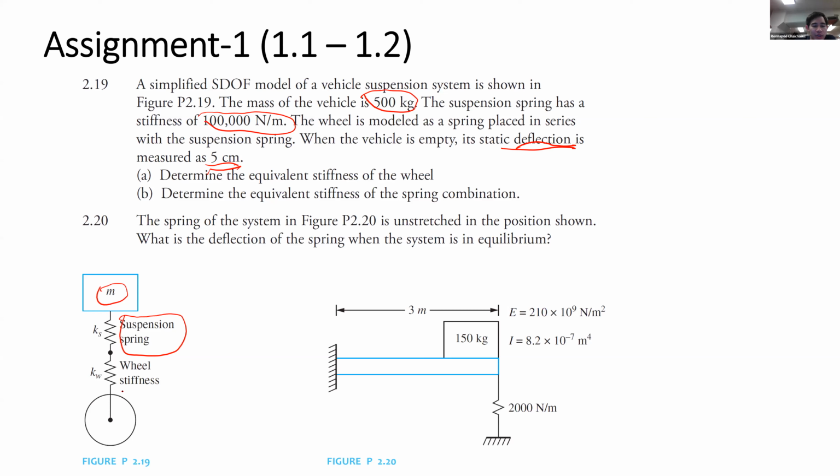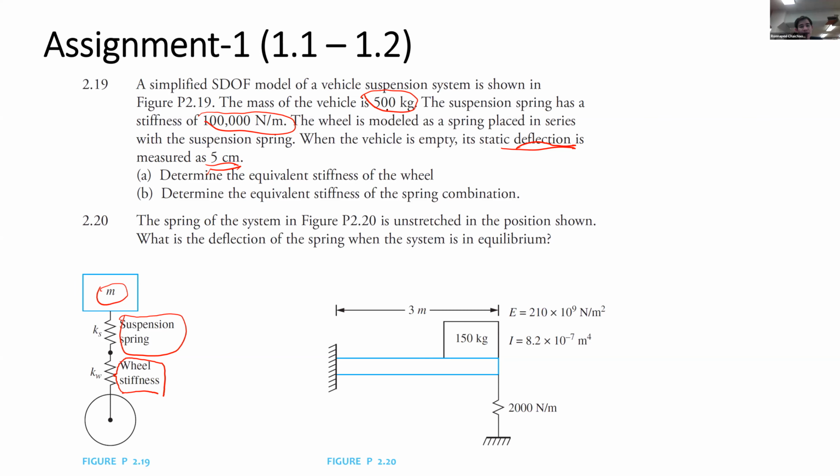They want us to estimate the stiffness of the wheel. Before this, we had the mass of the car and the spring of the suspension, and we didn't consider the stiffness of the wheel. But in this case, they separate the stiffness of the suspension and the stiffness of the wheel, or the tire.